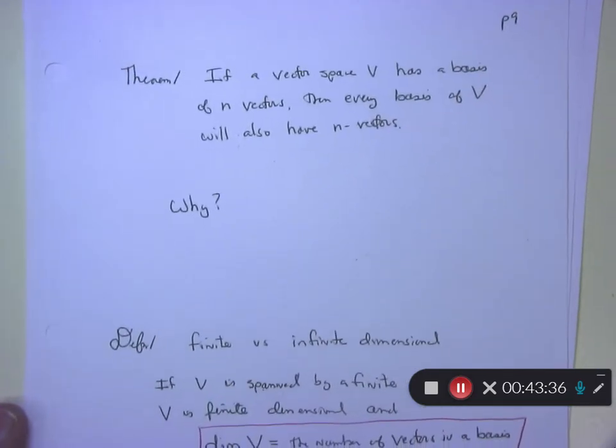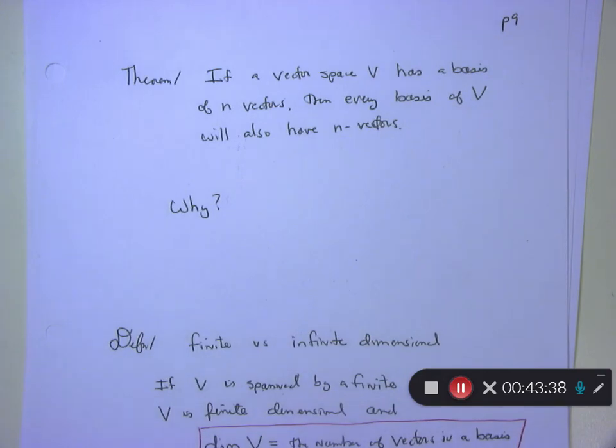So, another one for you right here. Same idea. I'm not going to go into the great detail as I did on this last one. It says this: if a vector space V has a basis of n vectors, then every basis of V will also have n vectors.